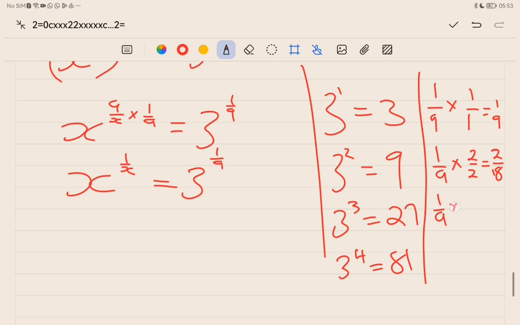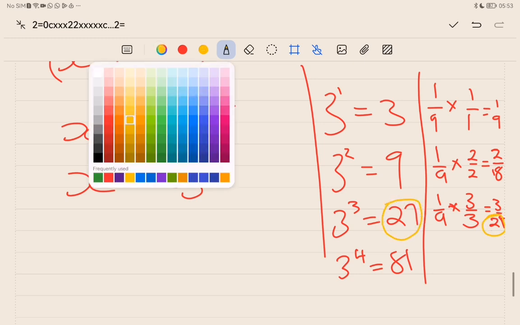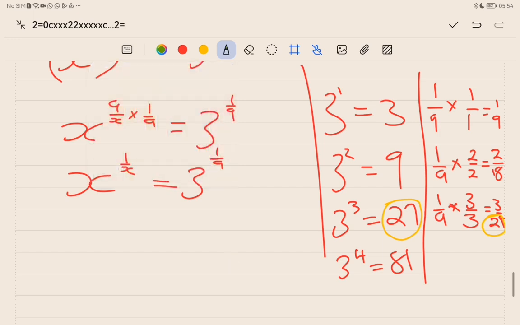When you multiply by 3 over 3, it gives you 3 over 27. So what do you realize now? You realize that 27 equals 27. Also, same situation here: this 3 here, we're also working with 3s. So you see now, it starts making sense.